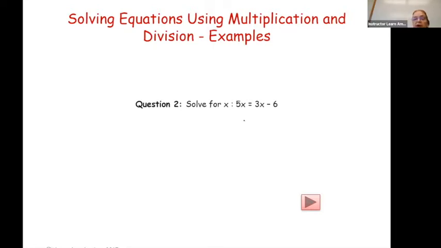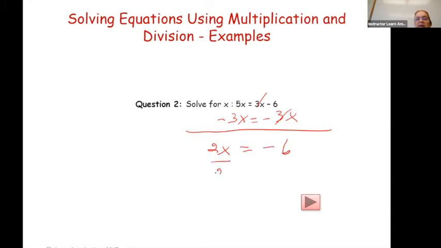We do that by subtracting 3x from both sides. This gives us 2x. These cancel. 2x equals -6. Now we can divide both sides by 2 using the multiplication rule of equality. And so therefore x is equal to -3.